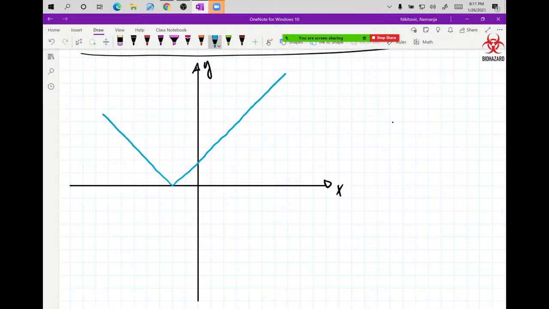Okay, and I have a red function which is negative x minus 4. Okay, so that's going to be parallel. That's my red function. Good.